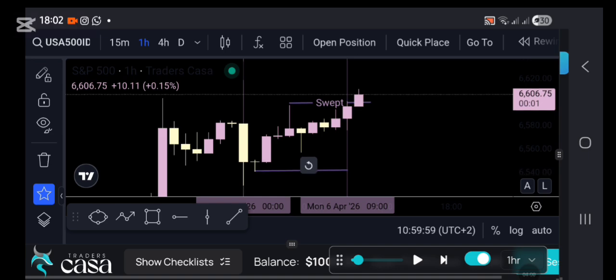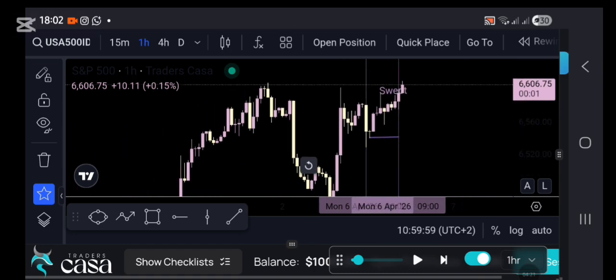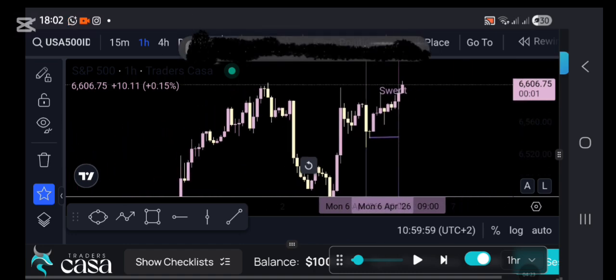And then we're gonna proceed on marking our 9 a.m. candle. After price ranges between the 12 a.m. to 9 a.m., we are gonna mark the high and low of the range, which we just saw got swept.